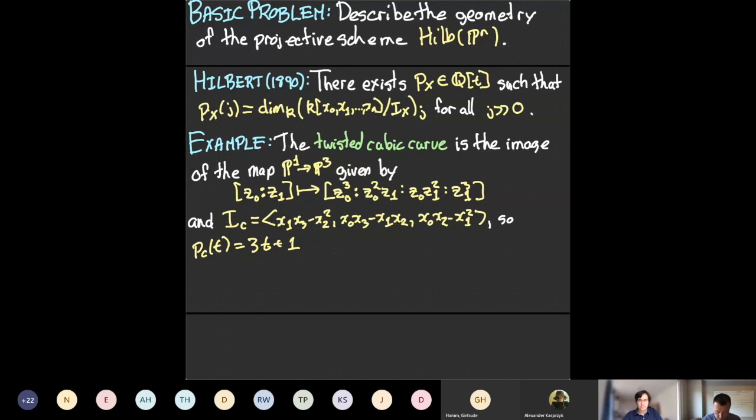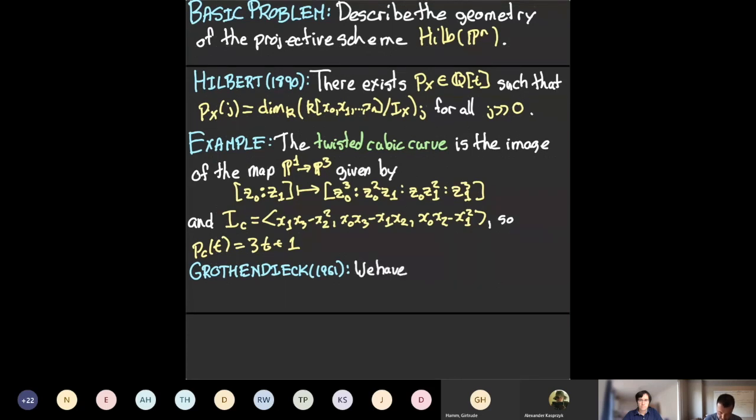So what Grothendieck really proves, stronger than what I stated before, is that this classifying or parameter space decomposes.